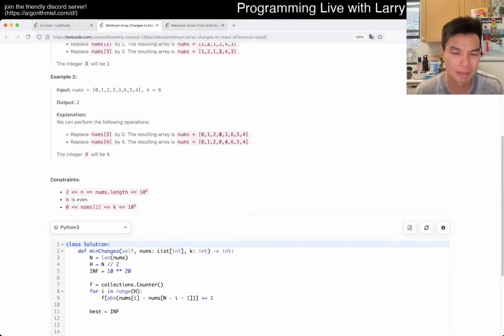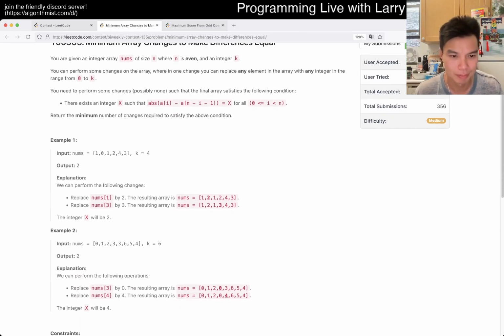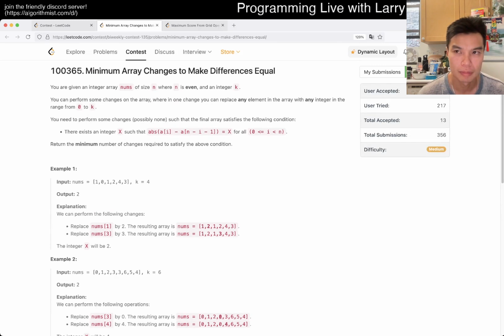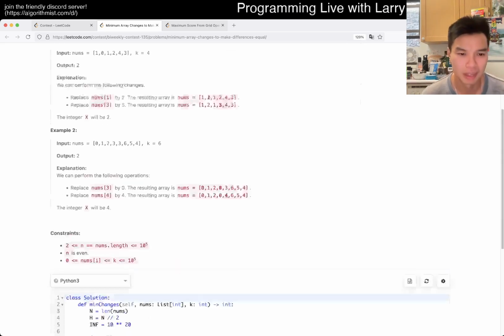What is the idea that I'm missing? You sum it, you subtract it, that is fine. So let's say x is due to a sweep line. I don't even know the idea yet.